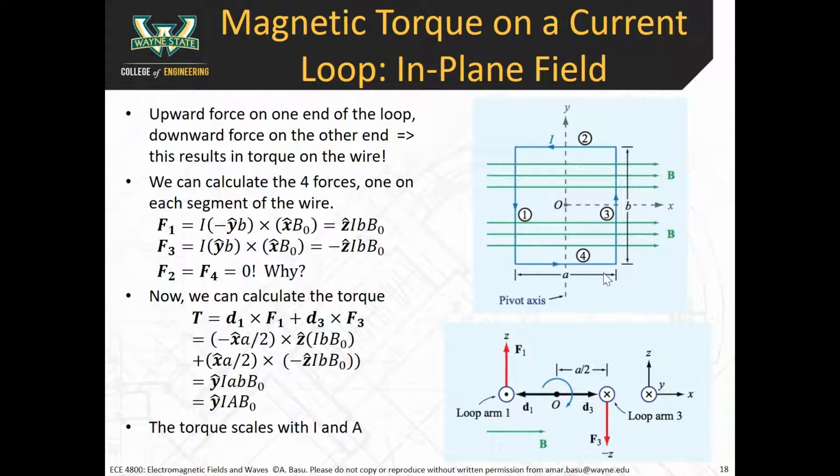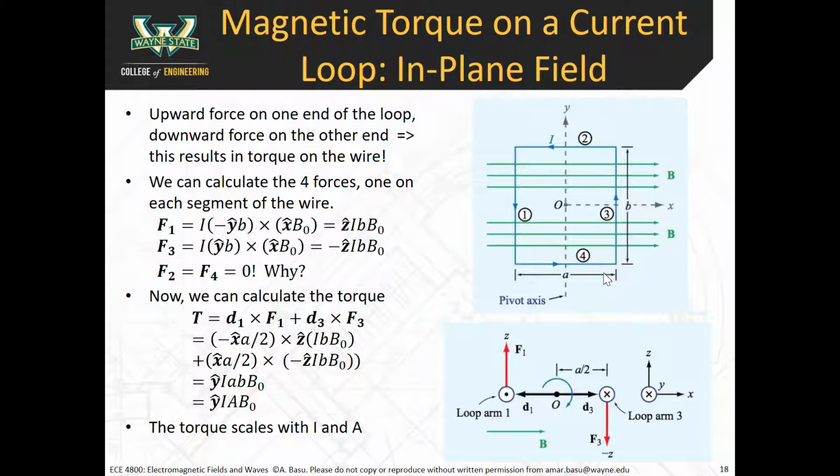Now I want everyone to try the opposite one. Try segment 1. In segment 1, current is pointing down and the magnetic field is pointing to the right, so your middle finger points to the right. Notice your thumb now points out of the page, out of the screen.